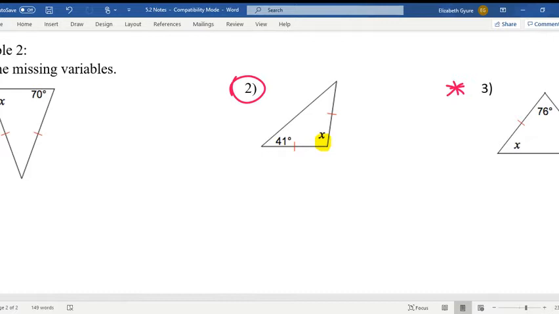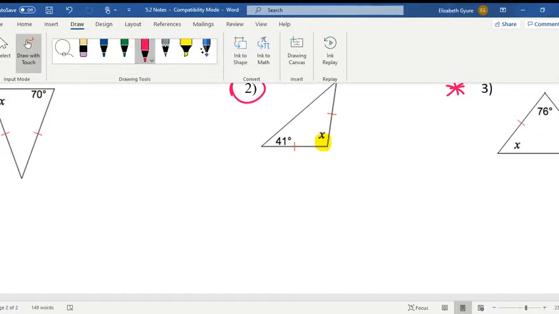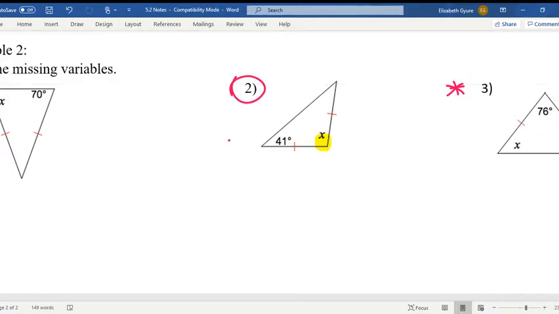It gives us that one angle is 41, but that's it. So you got to think, if that angle is 41 and it's isosceles, what else do I know? Any ideas? Trey? Exactly. If this angle is 41, then this angle is going to be 41 as well, because that's across from my congruent sides, right? Good.